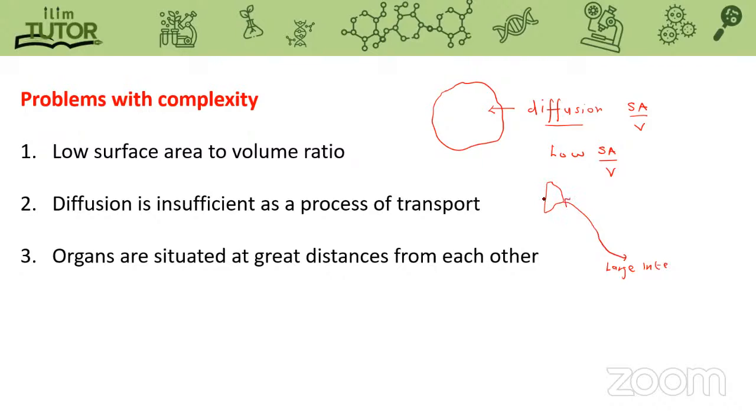And so if there's going to be any kind of exchange between these two organs, it means that we need a proper transport system to ensure that materials are moved between these two organs.